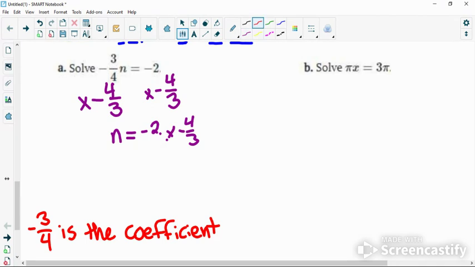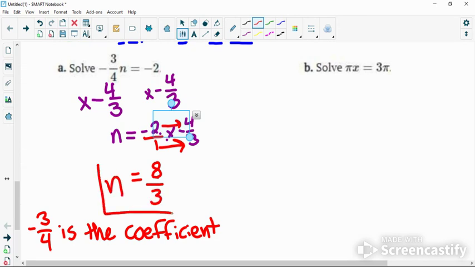Many people, when they see a whole number times a fraction, they'll turn the whole number into a fraction, and then you just multiply straight across. So negative 2 times negative 4 is positive 8. And then 1 times 3 is 3. So n is equal to 8/3.